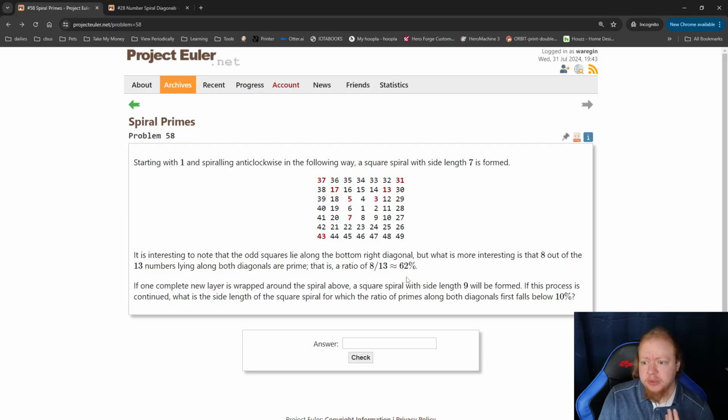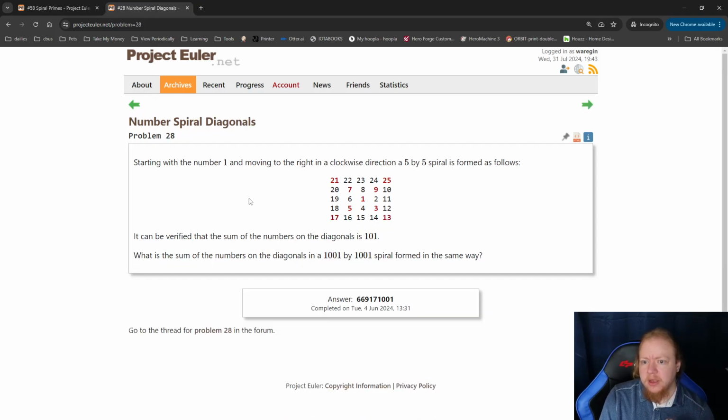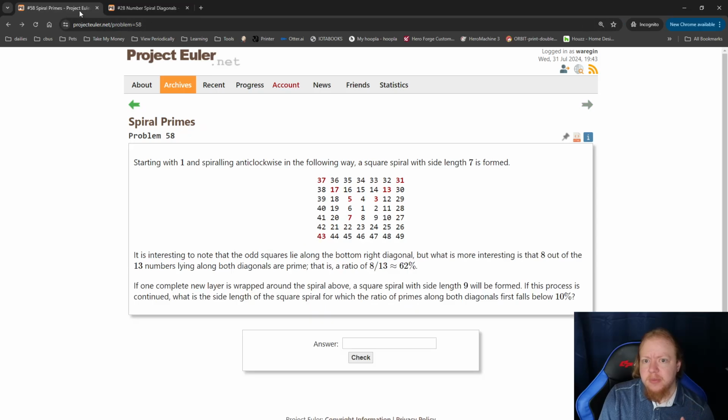here, since we're concerned with primes and the spiral, what I think I want to do is approach this with 2 steps. First is just figure out what all the primes are.